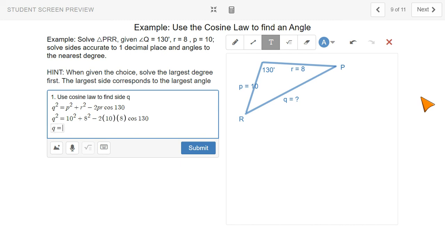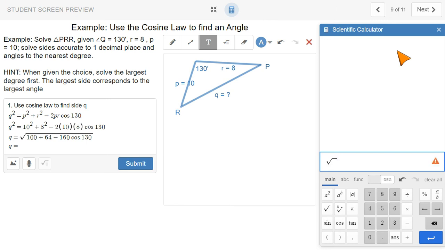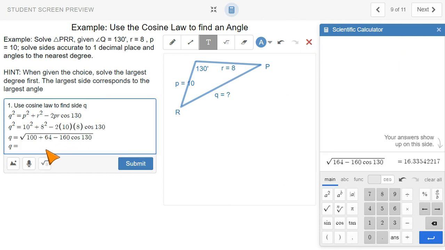Now you can simplify that, or you could put it all into the square root. And we have the square root of 164 minus 160 times cosine 130. So our rounded answer for the side will be 16.3. Now the fact that our answer is rounded already will change our angles slightly, and it won't be perfectly accurate.